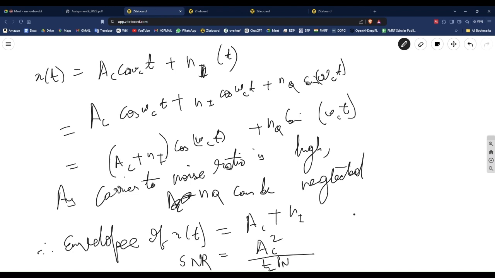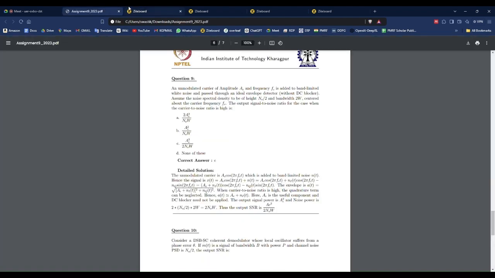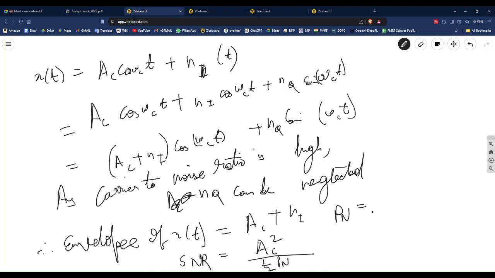So what is the noise power? Noise power is the PSD into bandwidth. The PSD is given to be N0 by 2 and the bandwidth is 2W. So, N0 W.